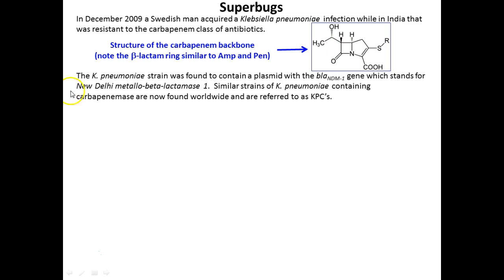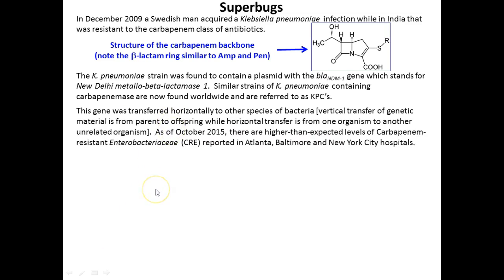Of course, the ND stands for New Delhi, and I guess that's probably maybe even the province or something like that. So similar strains of Klebsiella pneumoniae contain these enzymes that can destroy this particular group of antibiotics.